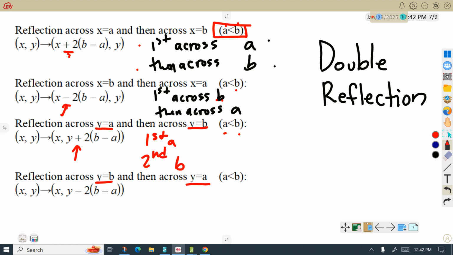That pushes us up. But if I go first across the bigger one and second across the smaller one, then I'm going to go down instead of up, and that's why this value is a minus right there. Eventually this will make more sense, but we have to practice a few more.